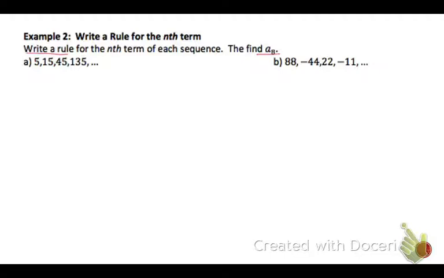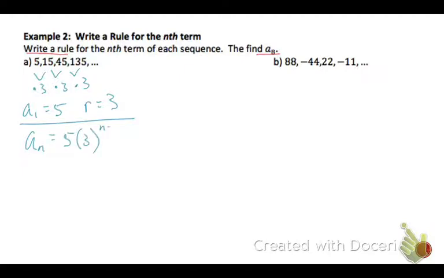So we have our sequence in problem A, 5 to 15, that's multiplied by 3 again to get to 45, by 3 again. All right, so we can identify our first term and our common ratio, a sub 1 and r. So now we're going to use that formula to write a rule. So any term, a sub n, will be our first term, 5, times our ratio, 3, raised to the n minus 1.